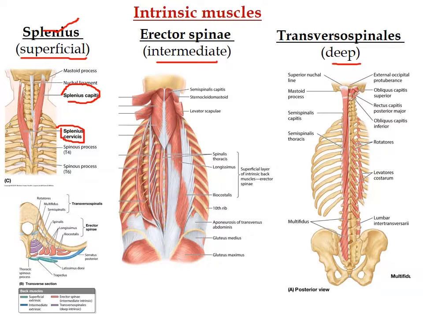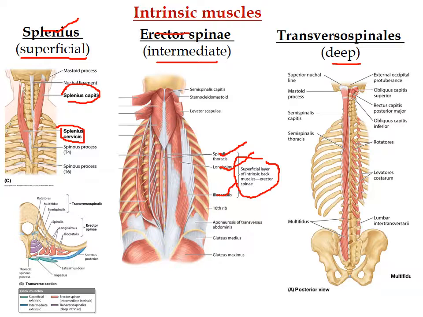In the intermediate group of the intrinsic muscles, we have the erector spinae. This erector spinae has three parts. You can see here the three parts: spinalis thoracis, longissimus, and iliocostalis. These are the three parts, medial to lateral.